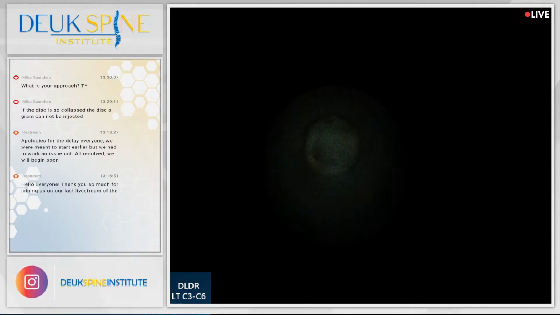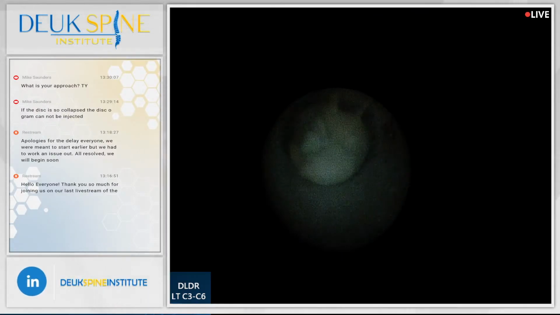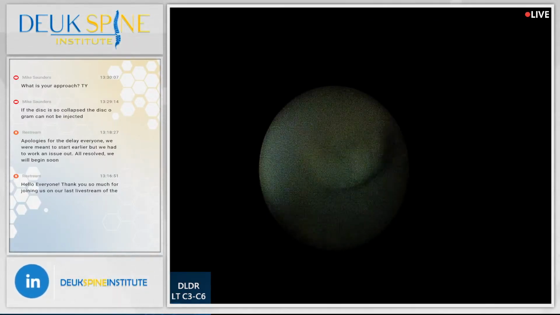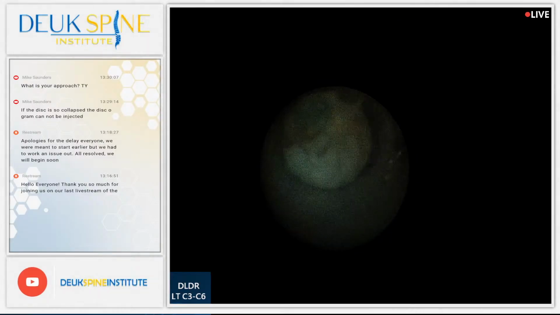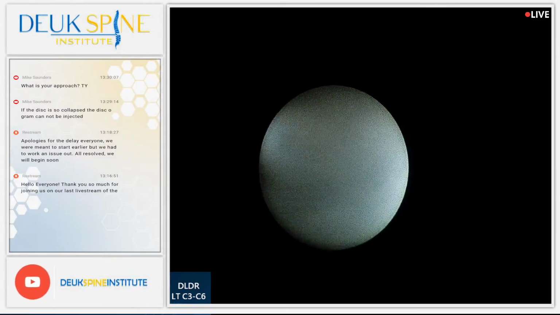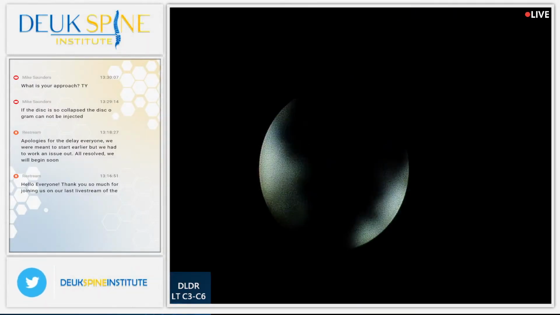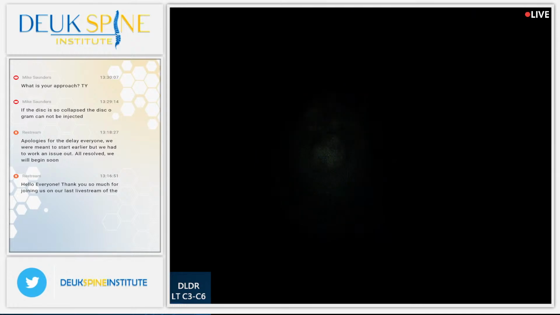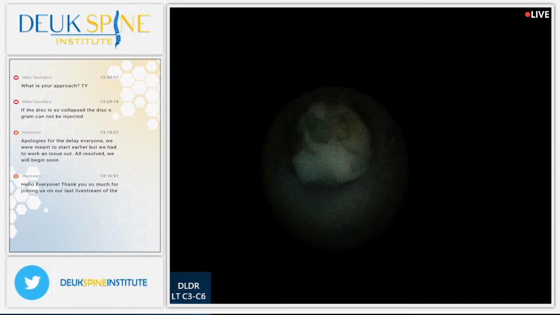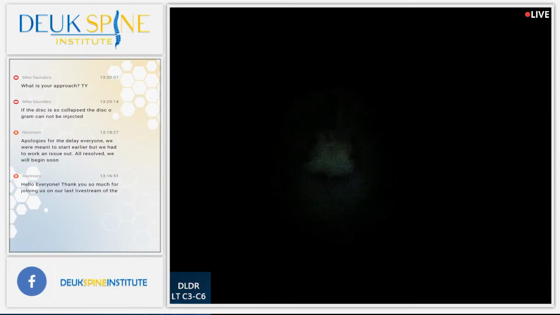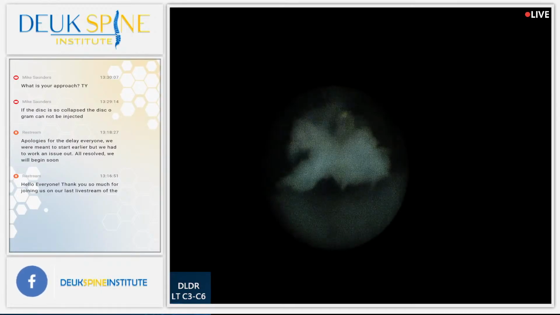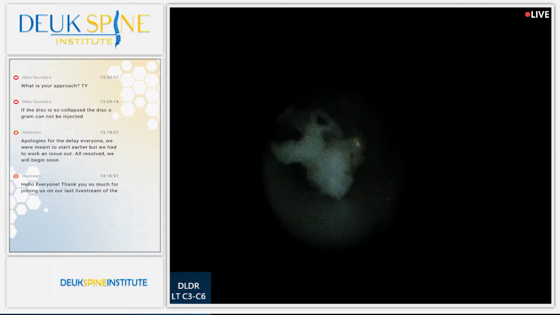The discogram just facilitates some things, but does not preclude the ability to do the surgery just because the disc is collapsed. There have been times I could not do the discogram because I couldn't get the discogram material out of the syringe because the pressure in the disc was so high. That intradiscal pressure kept me from doing the discogram, but it doesn't keep me from doing the surgery.